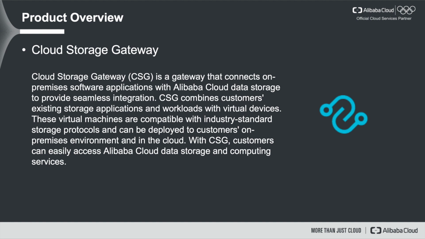It combines customers' existing storage applications and workload with virtual devices. These virtual machines are compatible with industry-standard storage protocols and can be deployed to customers' on-premises environment and in the cloud. With Cloud Storage Gateway, customers can easily access Alibaba Cloud data storage and computing services.